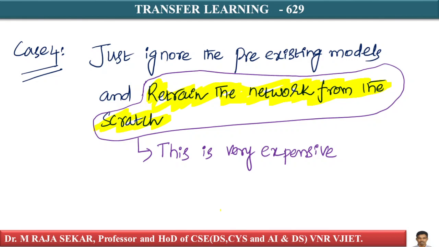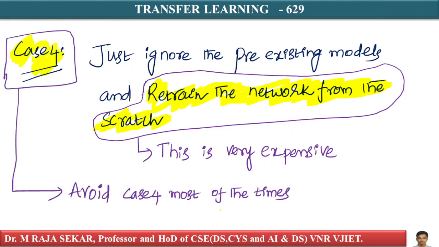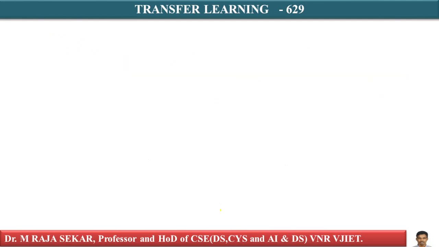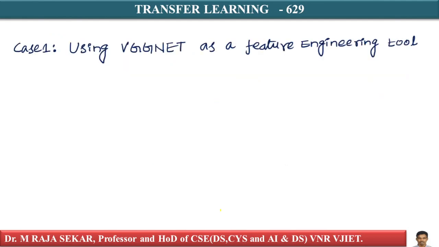Let's look at when we should do case 1, case 2, case 3, and so on. I would argue that you would avoid case 4 most of the time. Case 1 is basically using VGGNet as a feature engineering tool.